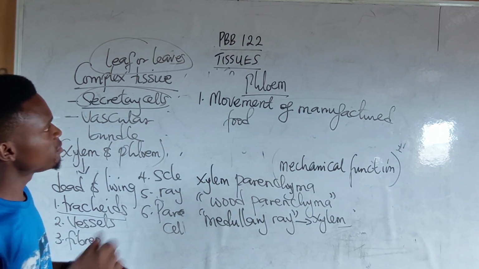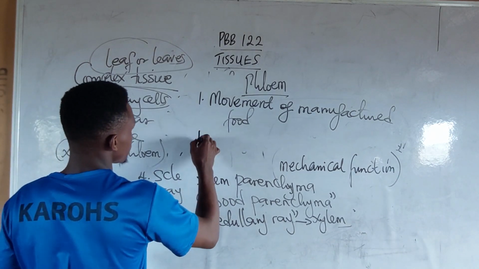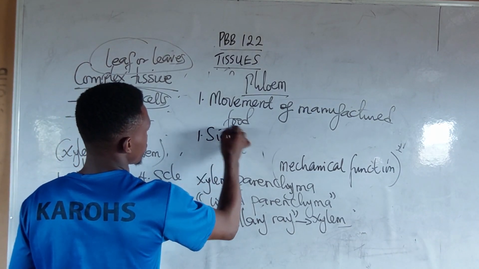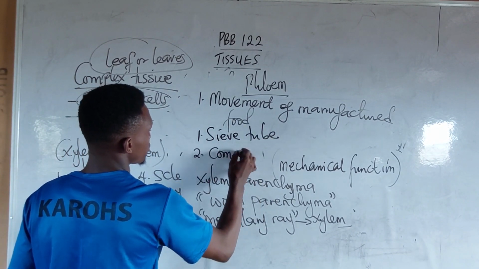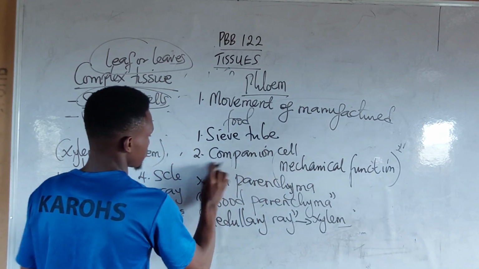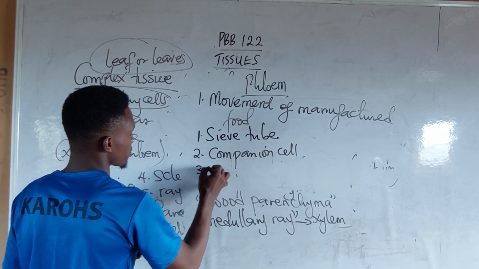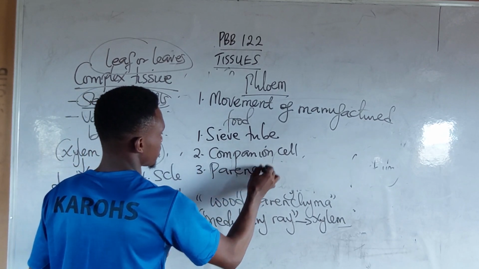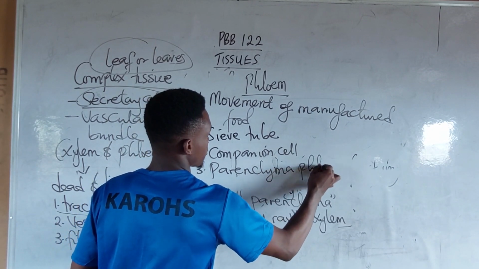Now, the phloem is made up of the following: the sieve tube, the companion cell, and the parenchyma phloem.